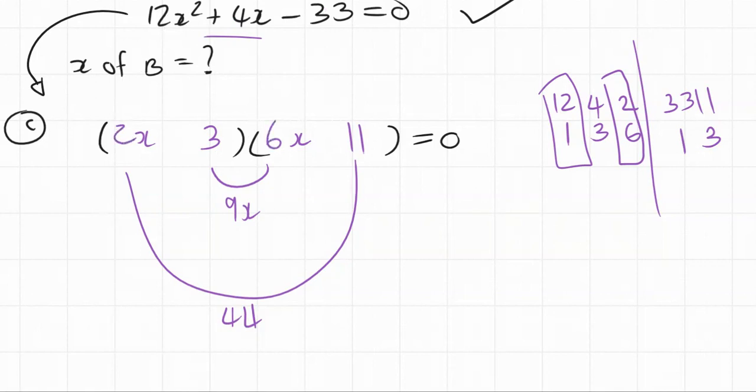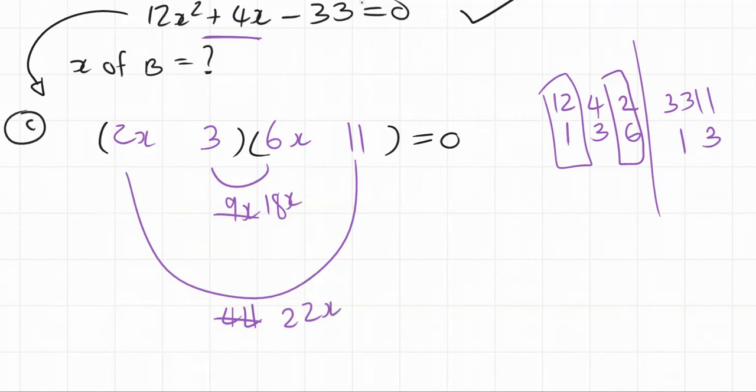Right, 2 times 6 becomes, we have 6 times 3 in the middle, which is 18x. 2 times 11 is 22. Okay, so we want to make plus 4. This looks more like it. Plus 4 is 22 and 18.